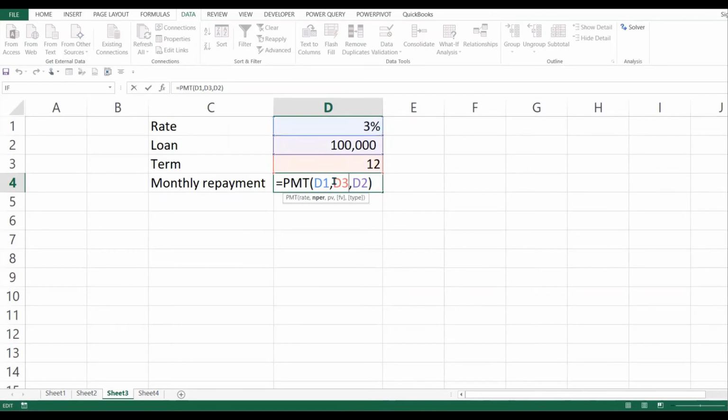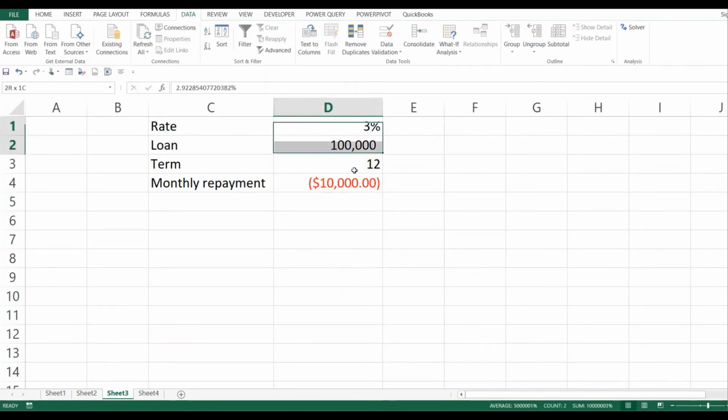If it is not rate per month, you divide by 12. The number of periods is in months. If the rate is in months, ensure the period is also in months. Then the last one is the present value. The loan today is 100,000. So if you use this formula, you get the monthly repayment as this.